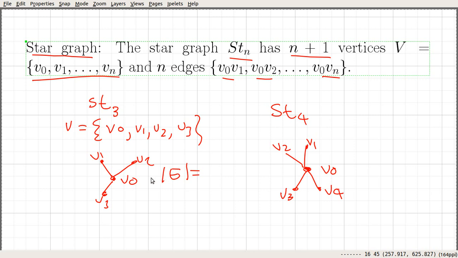The cardinality of E for St sub 3 is 1, 2, 3, and for this St sub 4 we have 1, 2, 3, 4. Okay, so in general if we consider an arbitrary star graph with n vertices, the number of edges will be equal to n.